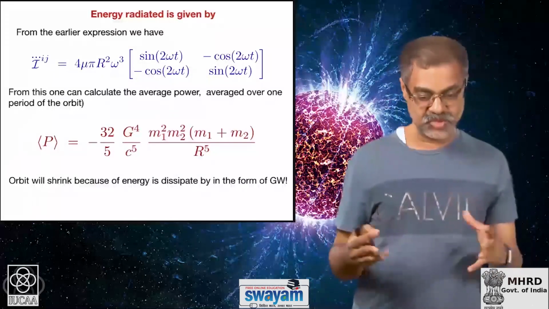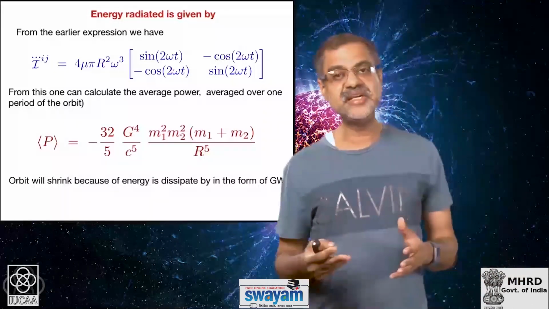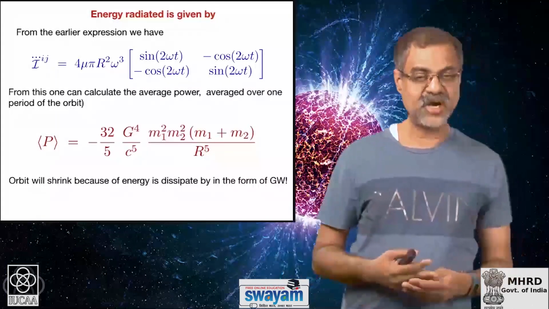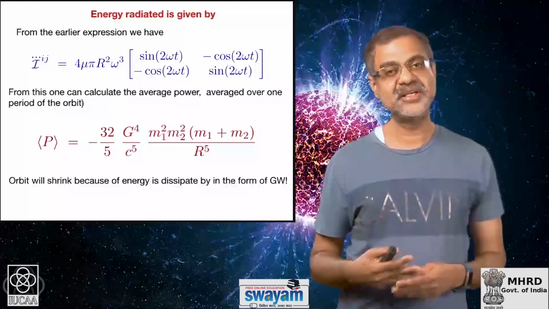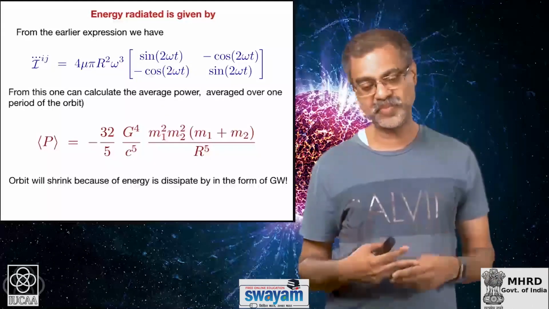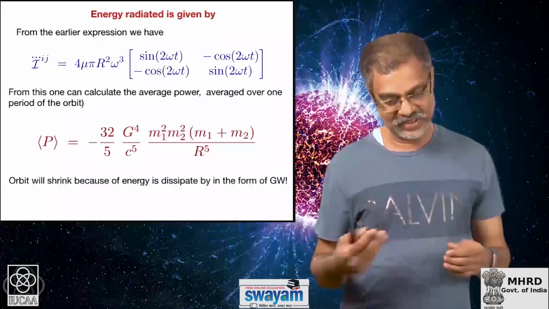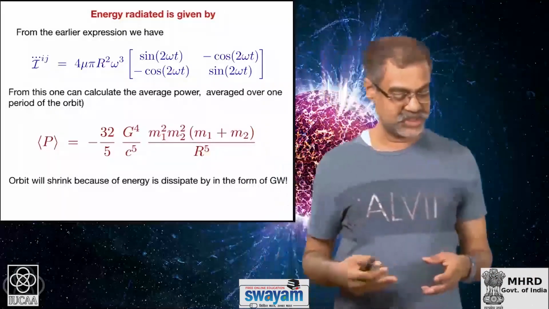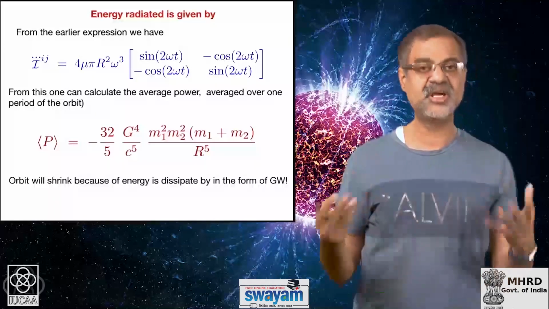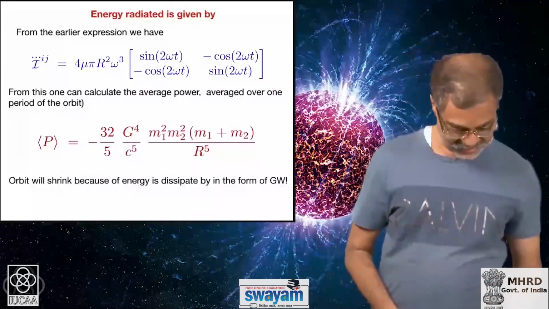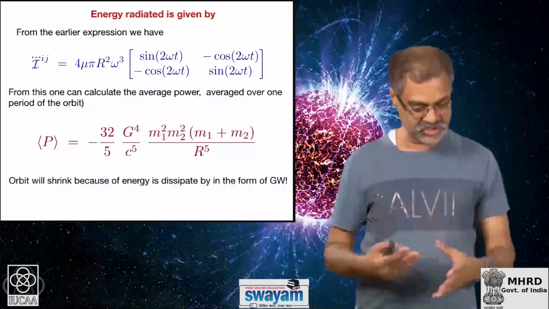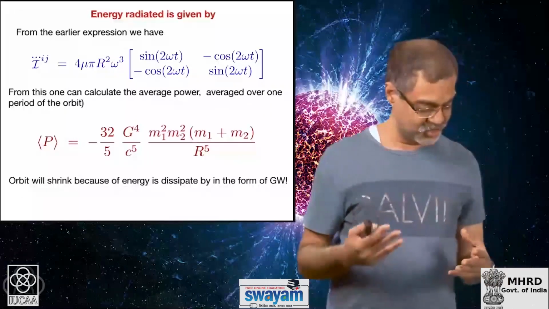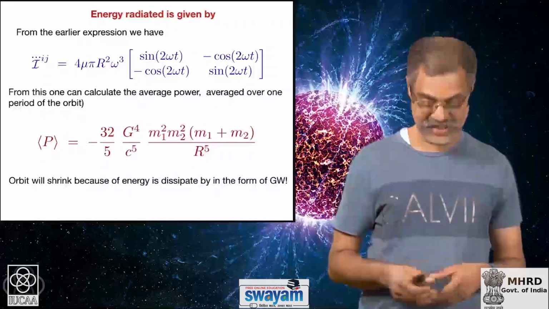When the radius becomes smaller and smaller, the speed of the objects further increases, because we have seen the speed is proportional to the distance of separation between them, and the speed also increases, that increases the amplitude of the gravitational wave emitted, and this leads to a runaway process and keeps on going. So, we will come back to this topic a little later.